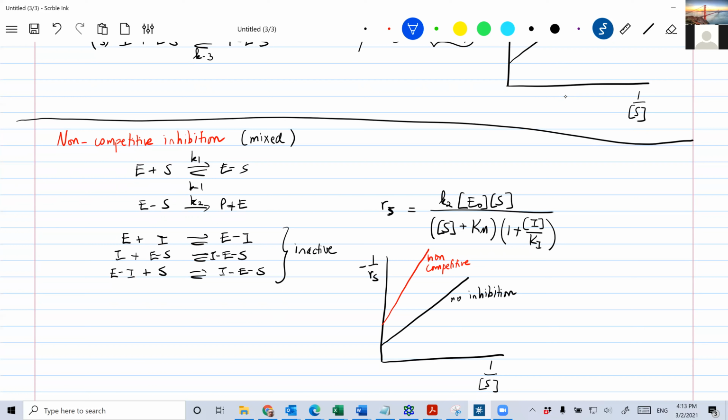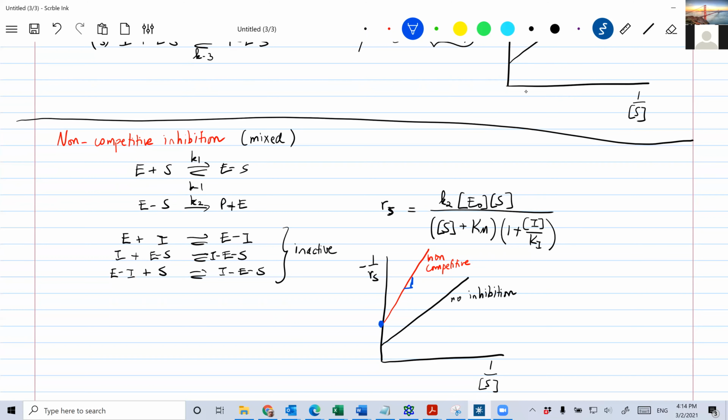So your slope would be equal to, depending on what type of inhibition or if there is no inhibition, and your intercept would be a certain value. So from these values, you'd be able to determine your Km, your kcat, and your Ki. So that's just fitting data.